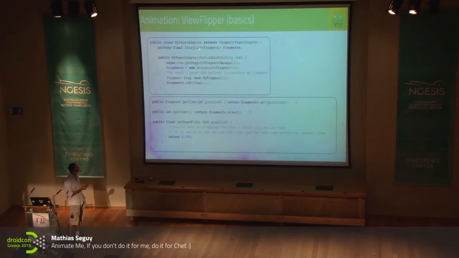You add them into your list of fragments, and you have getCount, which returns the number of fragments you want to display, and getItem, which returns the fragment at a specific position. And you can define a page width that gives you the ability to shrink your main fragment to display on both sides the others, so the user understands immediately that there are other pages to scroll.